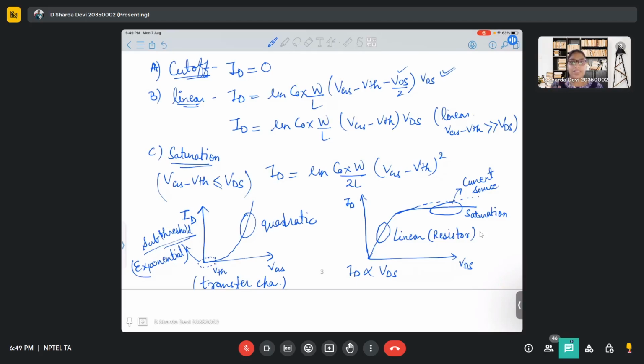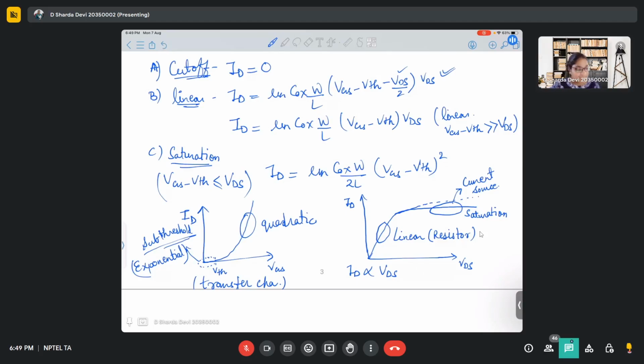So always when we are designing an amplifier, we try to keep our transistors in saturation region. Is this clear? In amplifiers, all your transistors should be in saturation region, whatever transistors that you are using to design an amplifier.